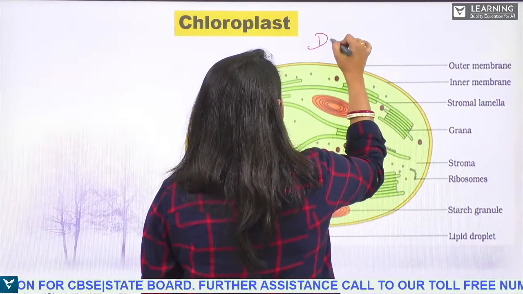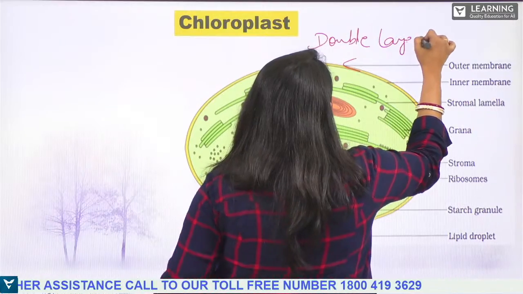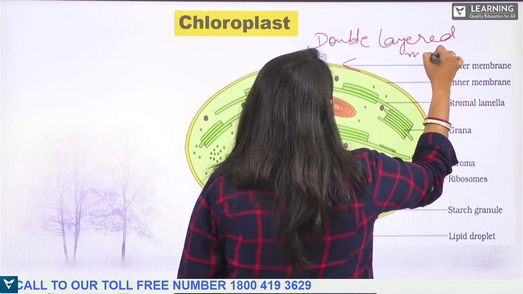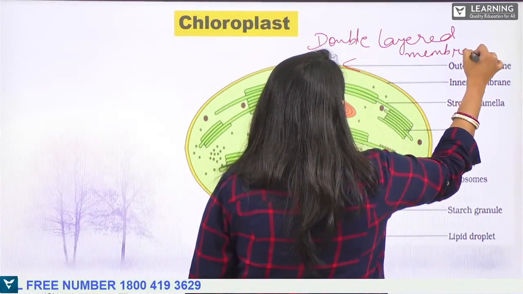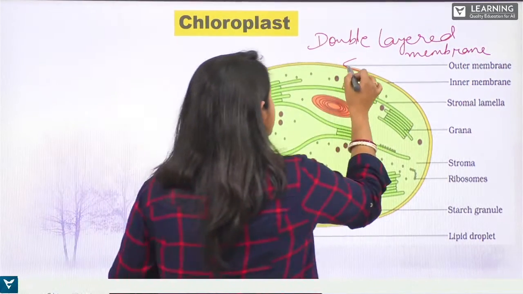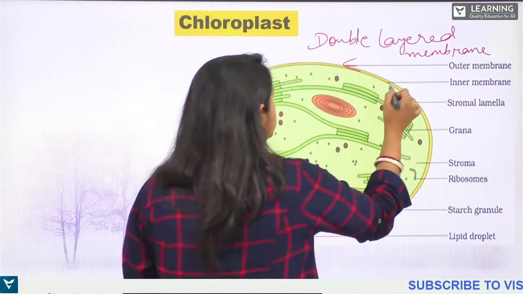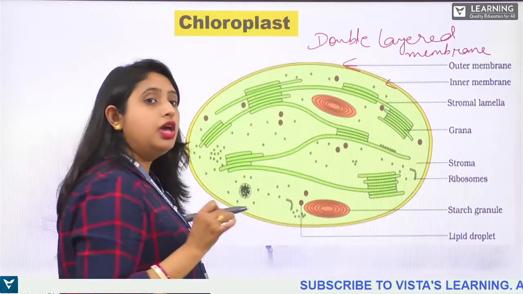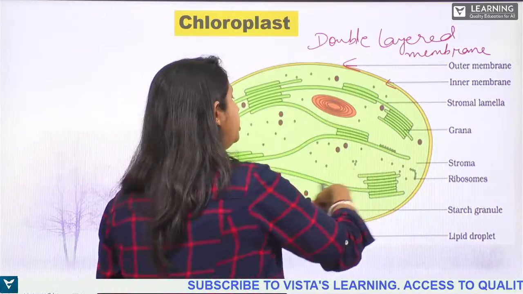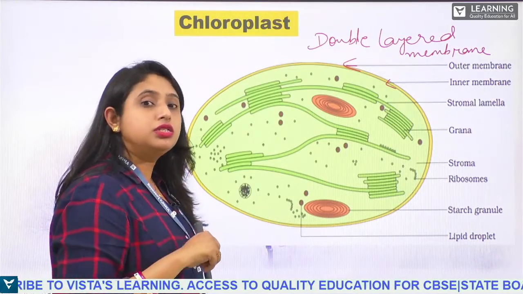Chloroplast has a double layered membrane, so it has two membranes, outer and inner. This yellow portion is the outer membrane. Then this is the inner membrane. Inside the inner membrane, you can see the matrix, where the photosynthesis is taking place.